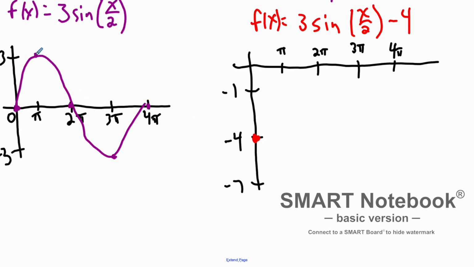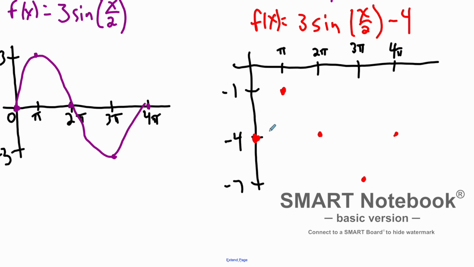Then I had pi, 3. 3 minus 4 is -1. 2 pi was at 0. 0 minus 4 is -4. And then 3 pi was at -3. Minus 4 is -7. 4 pi was at 0. 0 minus 4 is -4.